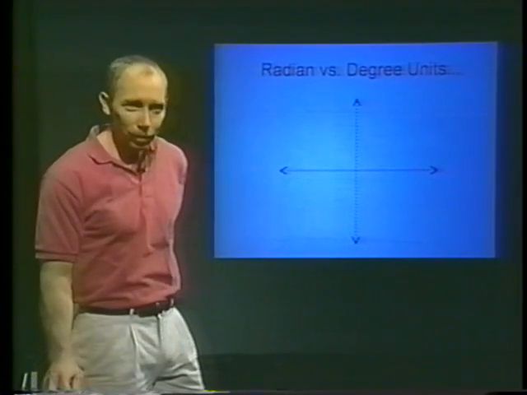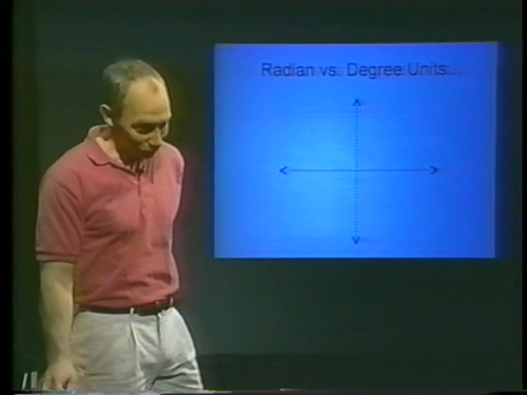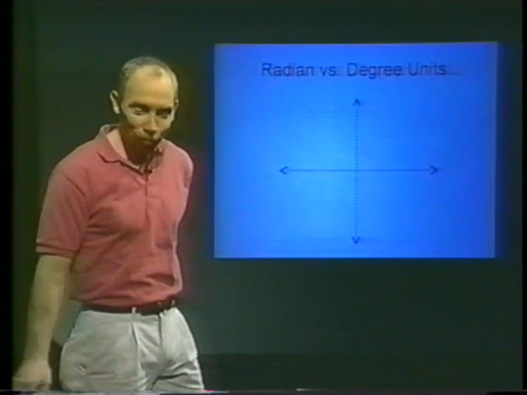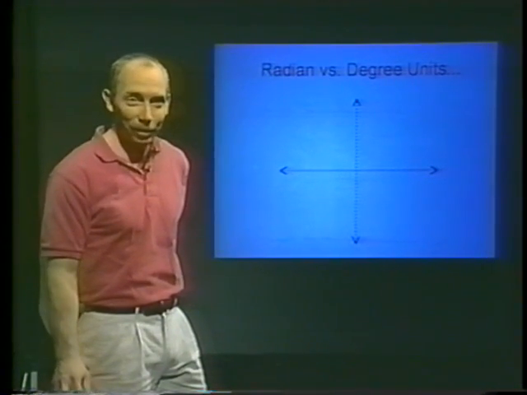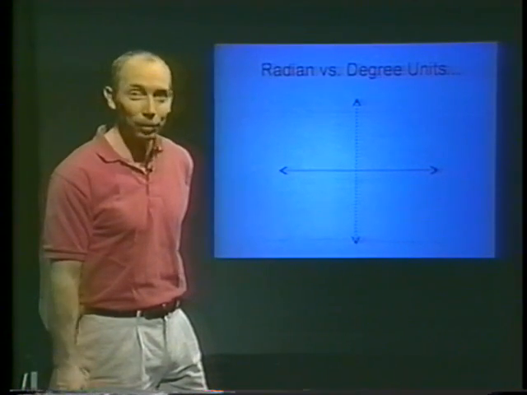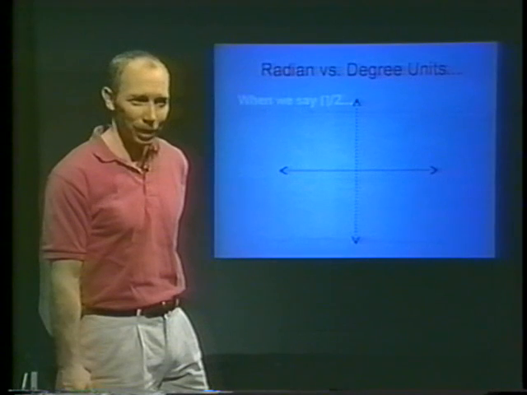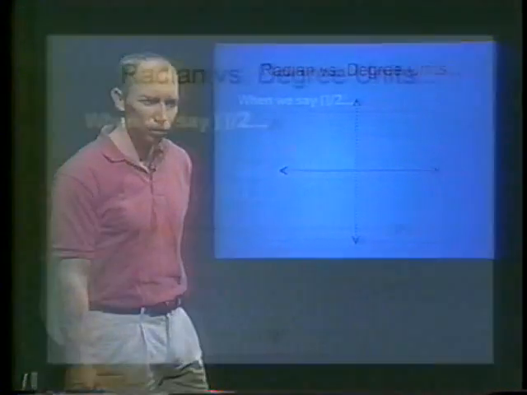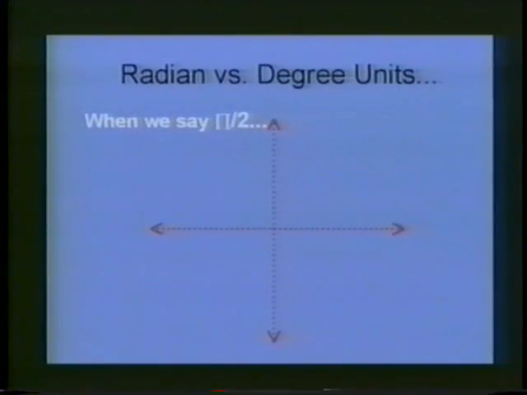Now it's important to note, as we've been doing all class, we've been changing the mode on a calculator from radian measure to degree measure. And when we talk about pi, that's what we're talking about, radian measure, okay? Pi over 2, what are we talking about there? Are we in degrees? When they say pi over 2, you should know right away that we're not talking about degree units. We're talking about radian units, because pi gives you the hint.